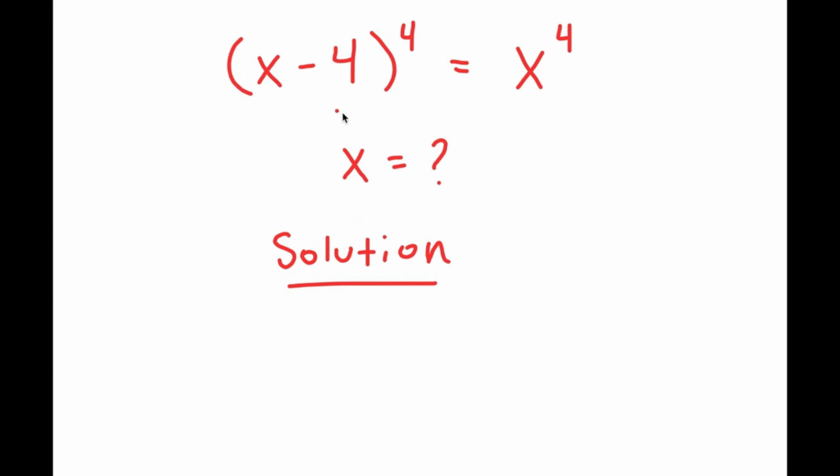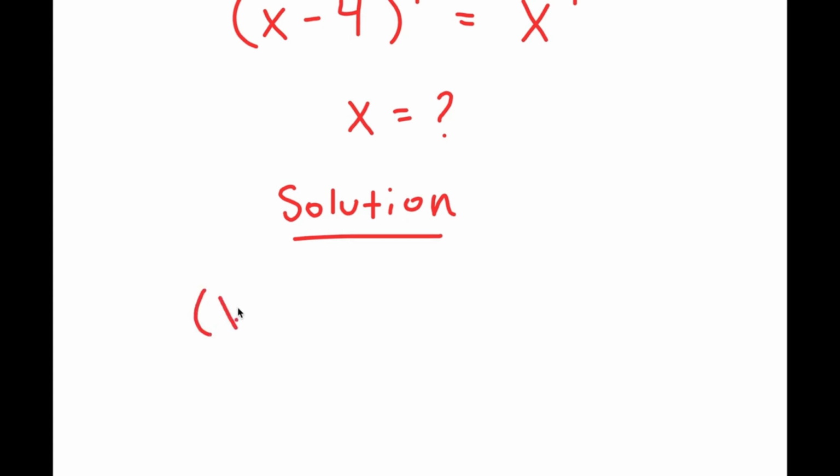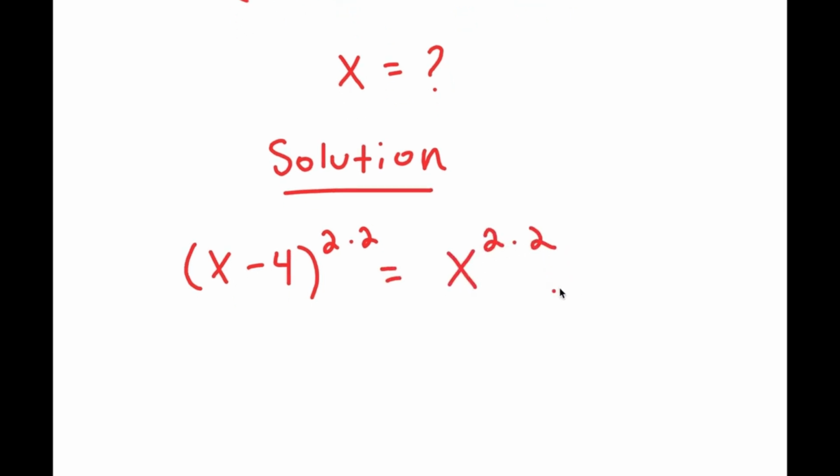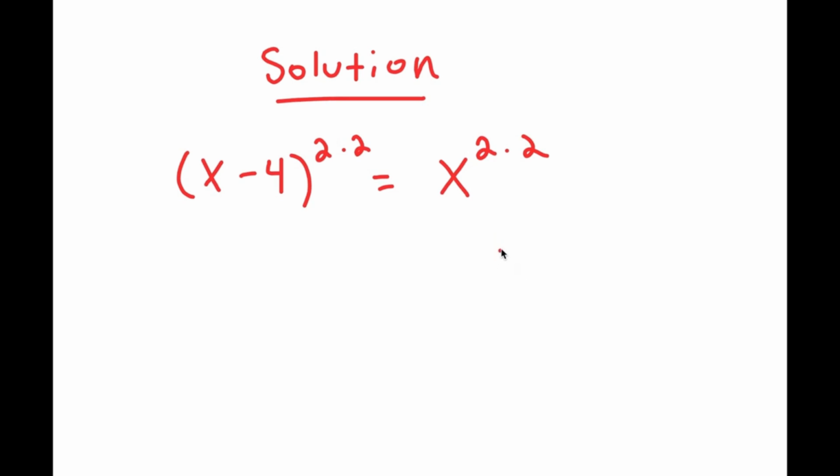what I'm first going to do is rewrite this equation as (x - 4)^(2 times 2) is equal to x^(2 times 2). The reason I did this is because now I can use the property (a^m)^n is equal to a^(m times n).